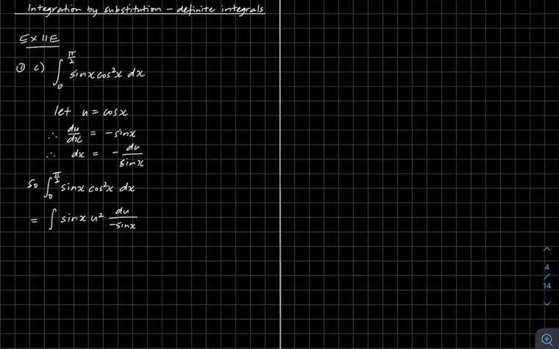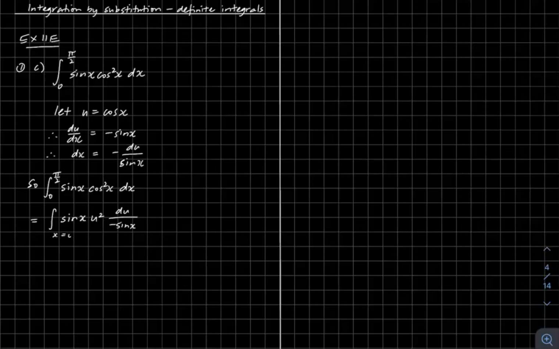Now the reason I've left the bounds off is because we've changed the variable to u now, so we shouldn't really be writing our bounds in terms of x. Now if we're going to, then we just need to be very clear about that. So here's one way that we could do that.